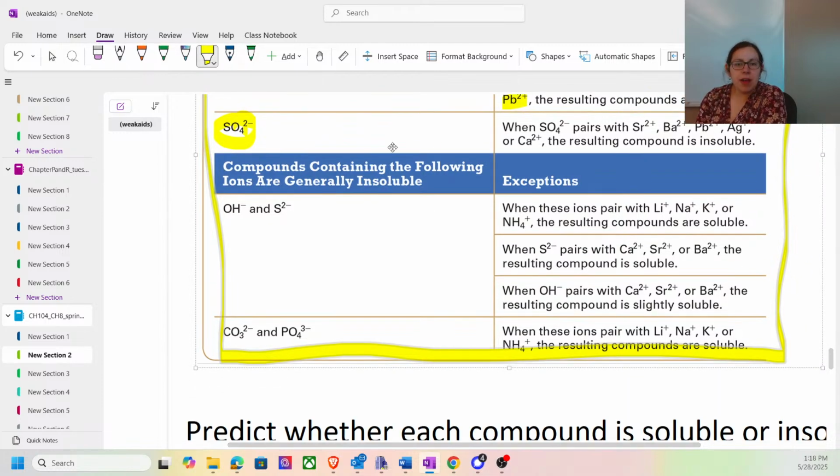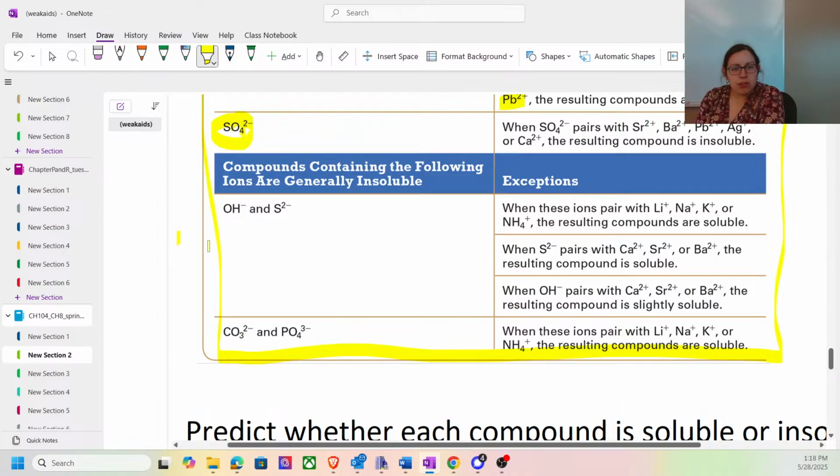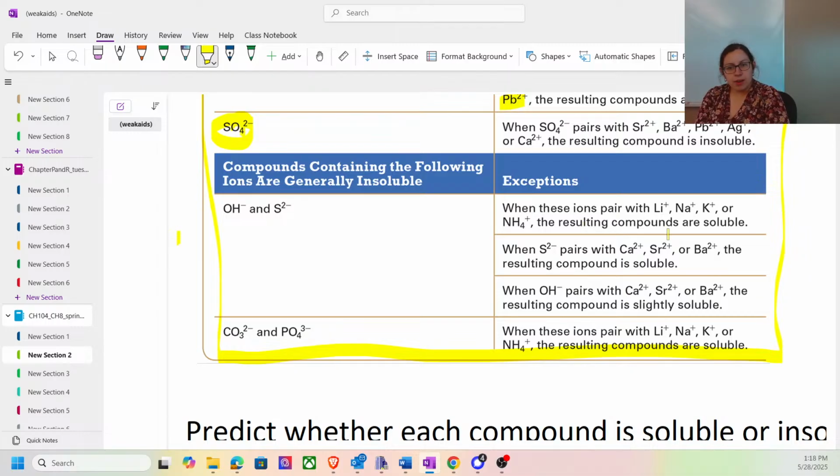And then the bottom half here is compounds that are generally insoluble, minus a few exceptions. Hydroxides and sulfides are usually insoluble unless they're paired with the following. Obviously if paired with lithium, sodium, potassium, and ammonium, those are always soluble. And then we have our weird ones: calcium, strontium, barium.